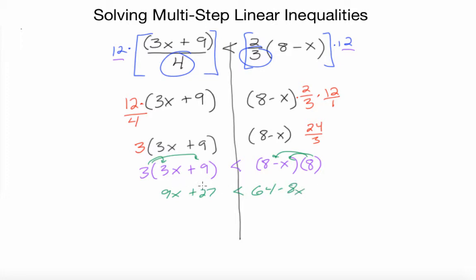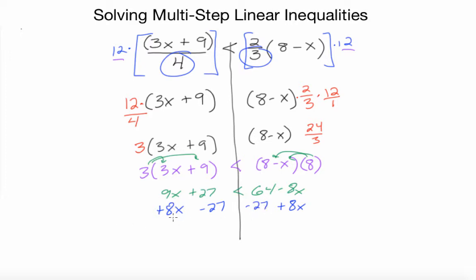Now I've got an inequality with variables on both sides, so I want to get the variable on one side. I'm going to add 8x to both sides, and subtract 27 from both sides. I'm moving the constant over to the other side as well.